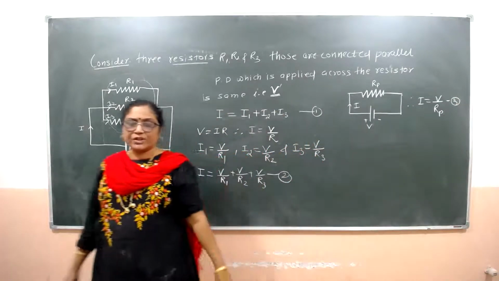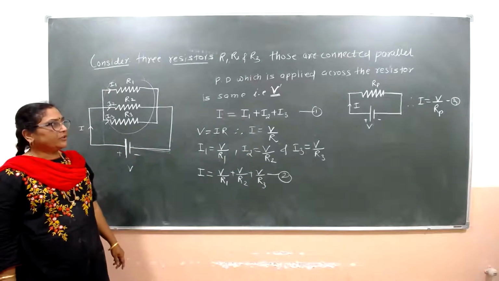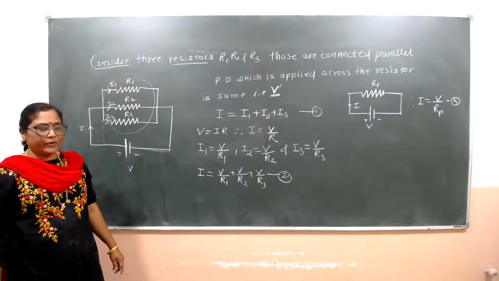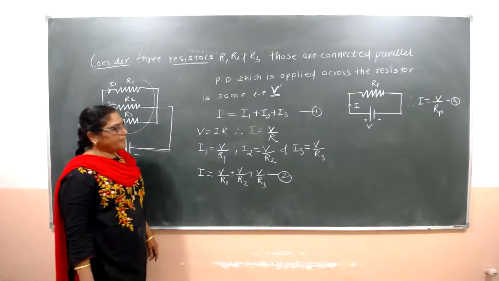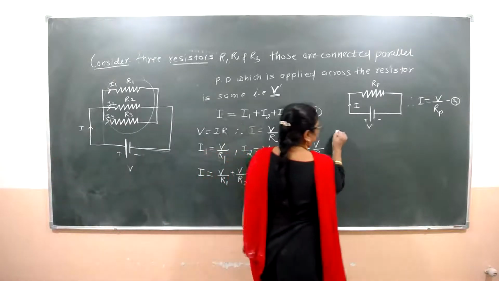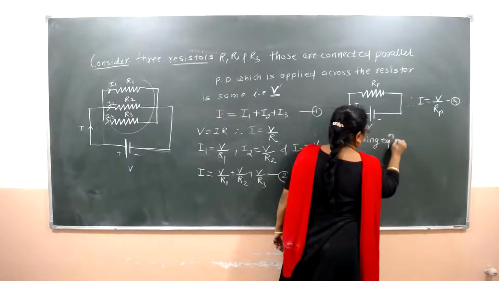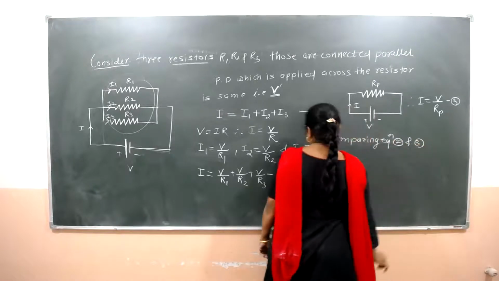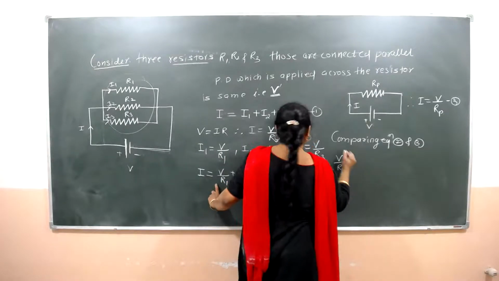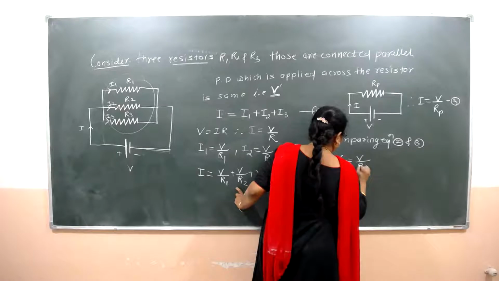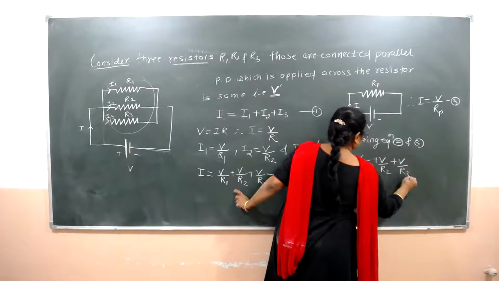Then compare equations 2 and 3. When we compare equations 2 and 3, one side is the same, so the other side is also the same. So V divided by RP is equal to V divided by R1 plus V divided by R2 plus V divided by R3.